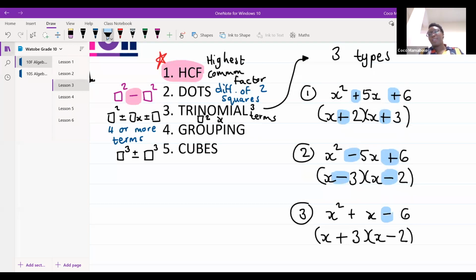But as soon as this last thing over here is a minus, I need different signs. These two need to be different. Okay. And that's the easiest way for you to remember it. The numbers will shift here and there, but the signs will always stay the same. They'll always stay where they are. Okay. You can write this down. You can take a screenshot of this if you need to.